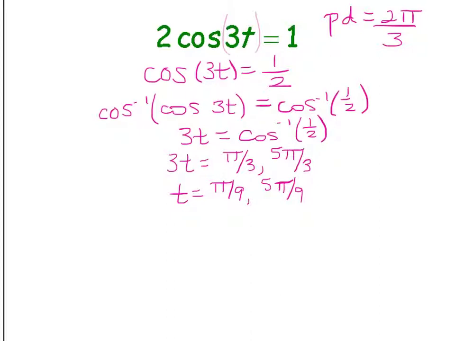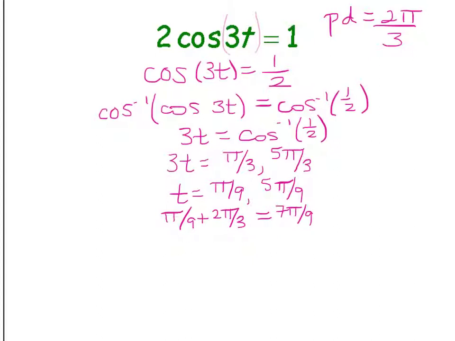Now if I were to apply this every 2 pi over 3 period that I have, then I can translate this and start to find some other angles. If I took pi over 9 plus 2 pi over 3, I can treat 2 pi over 3 as 6 pi over 9, so that becomes 7 pi over 9.